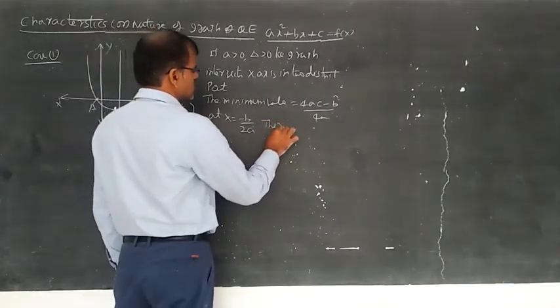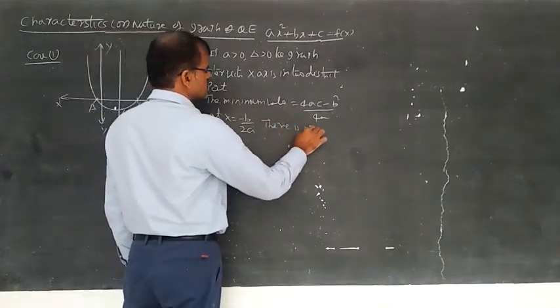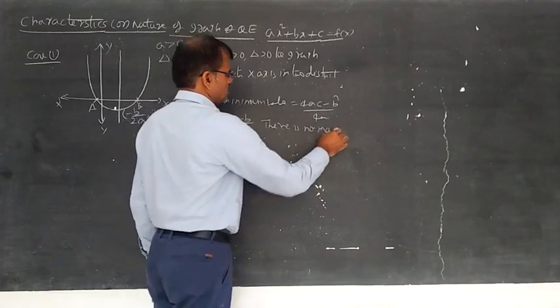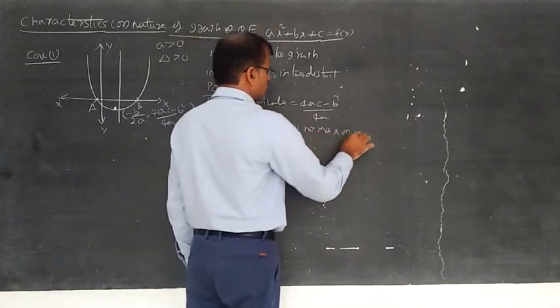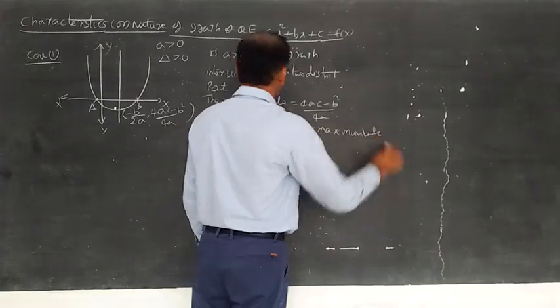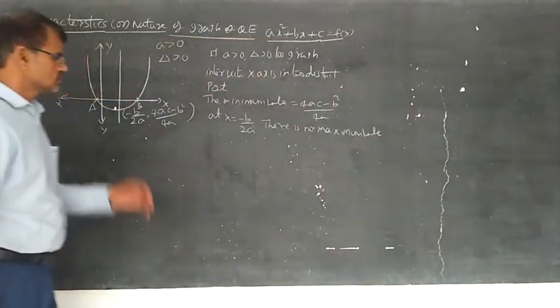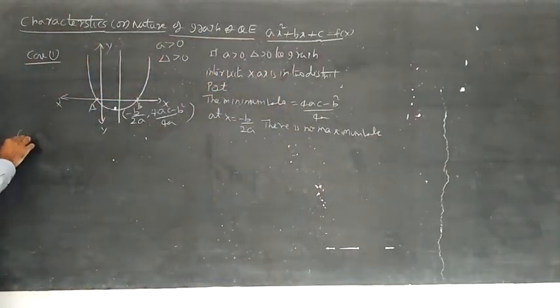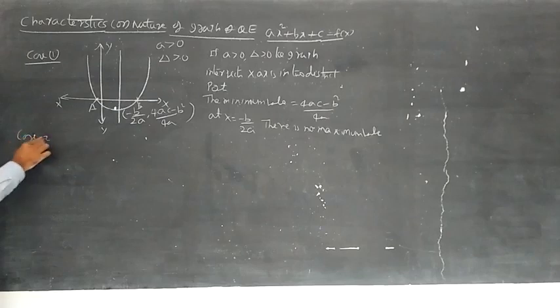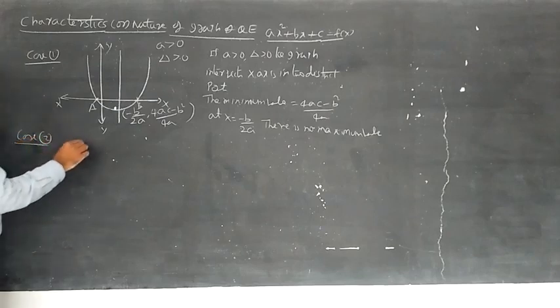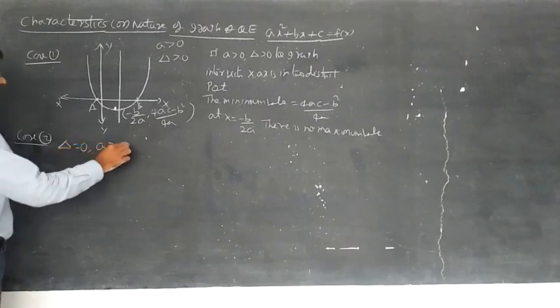And you can say that there is no maximum value. That's all. Case 2. Delta is equal to 0, comma a greater than 0.